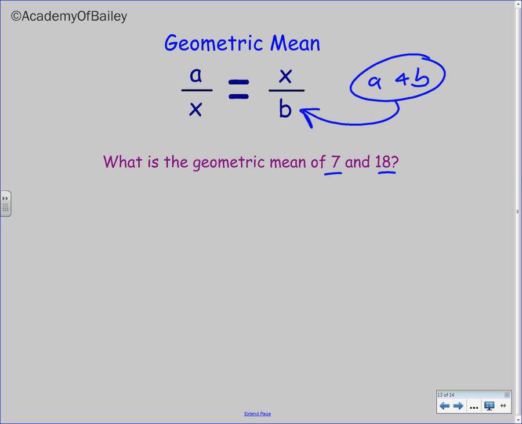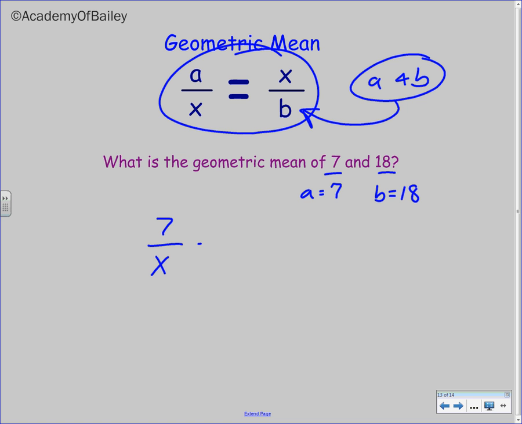Let's do an example here. What is the geometric mean of 7 and 18? Well, we're going to let A equal 7 and let B equal 18, and you just plug these numbers in to this right here. A is 7, B is 18. We've just substituted in.